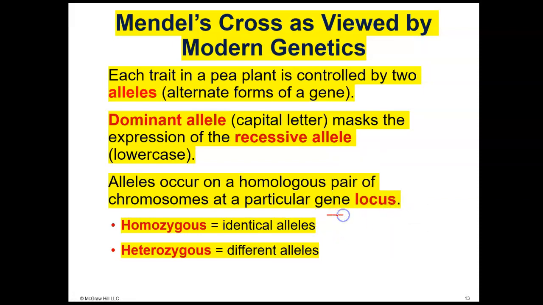All right, so homozygous would be either 2 big T's or little t, little t. Okay, so those would be homozygous. Heterozygous would be big T, little t.